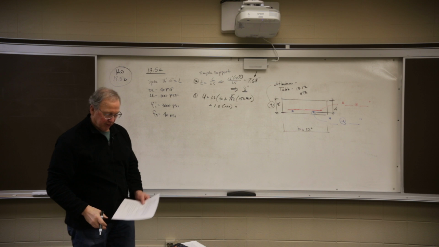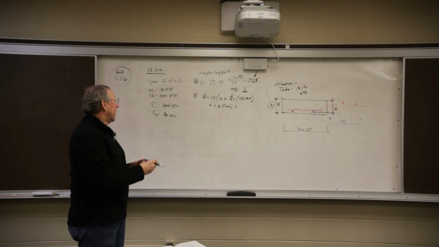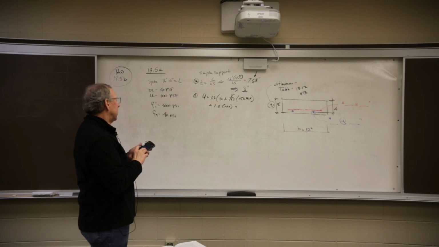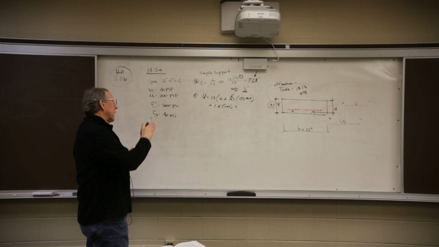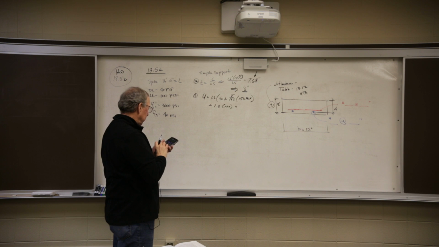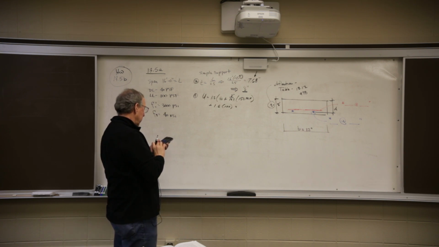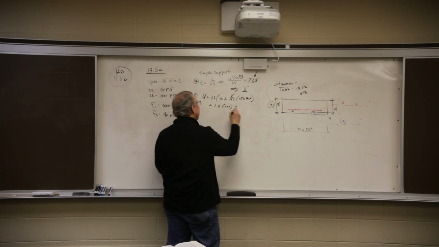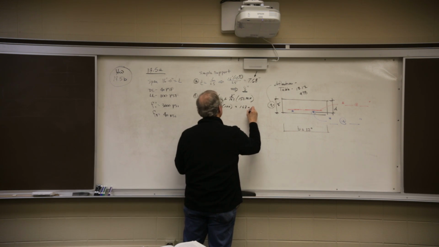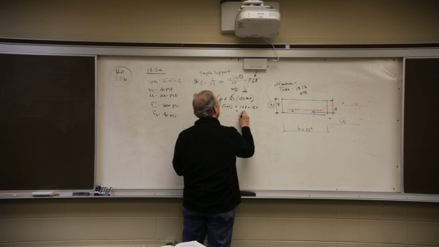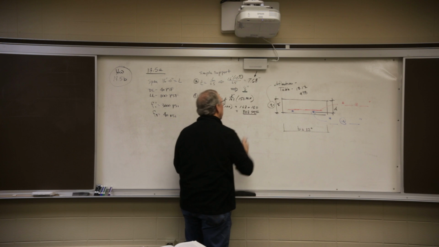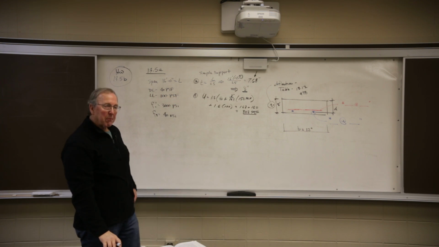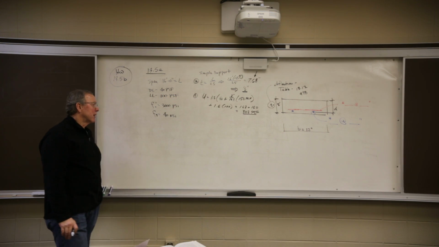Okay, if I do this, what do I end up with? That looks like to be 140 times 1.2, 168, plus 160, 328 pounds per square foot.